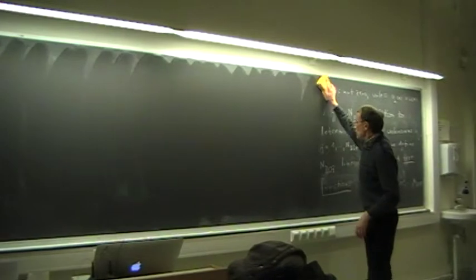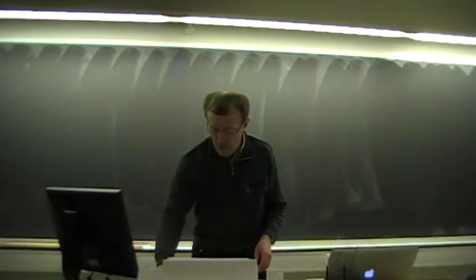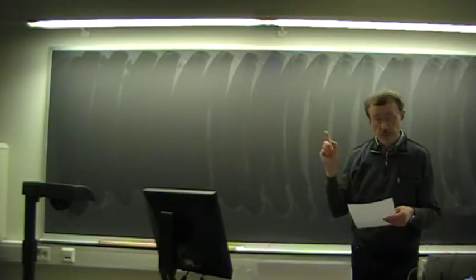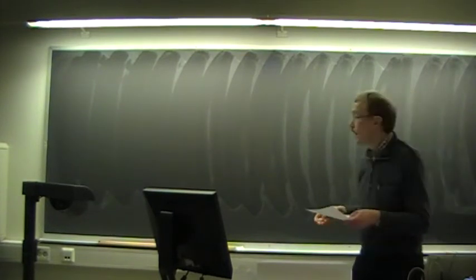Another example of such a PDE is the diffusion equation. And that is also the topic of exercise 4, which is out. There we look at a problem that I'll mention in a minute.